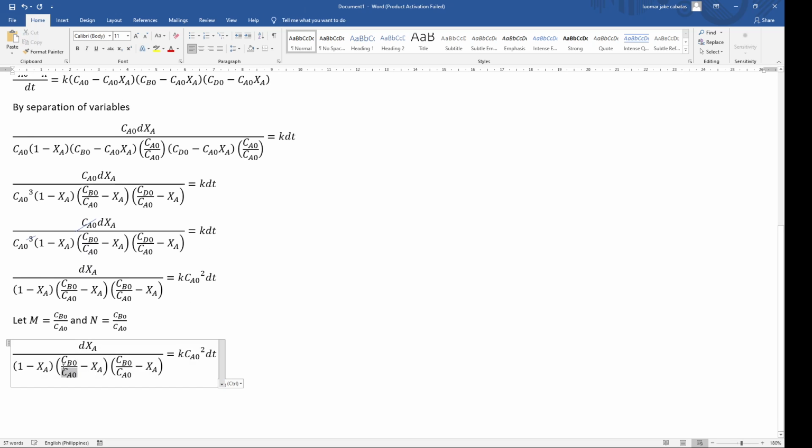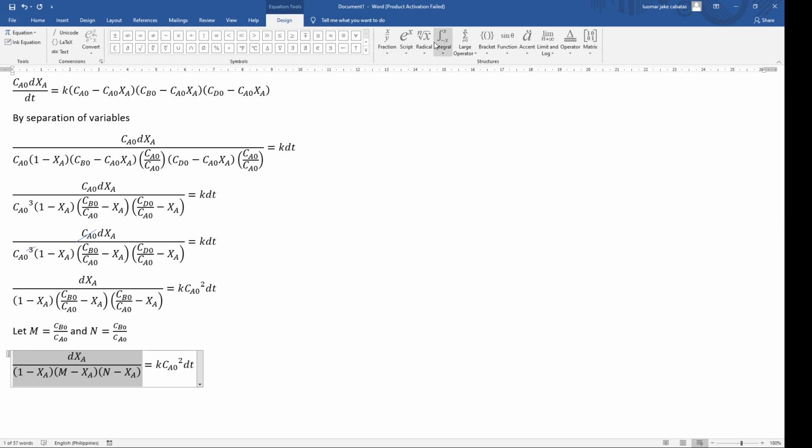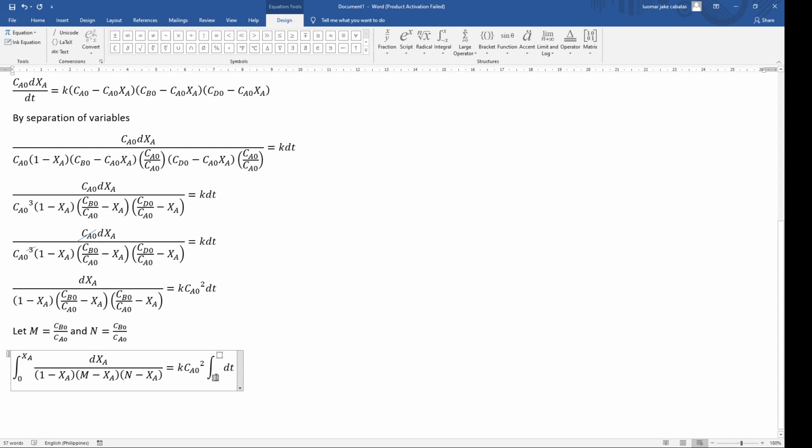So change this into M, then change this into N. Okay, and then we will be integrating. This one starts from 0 to XA, and meanwhile for dt, it will be from 0 to t.